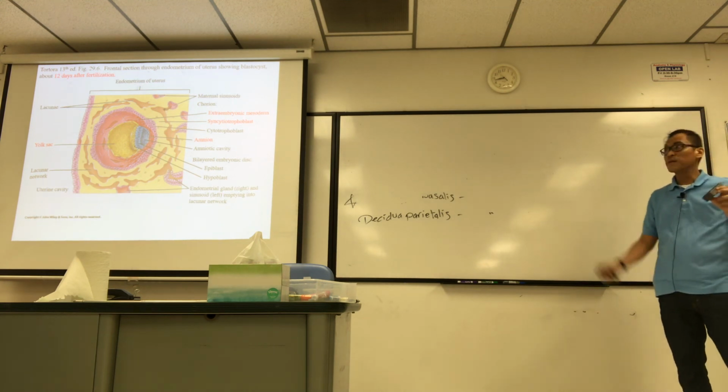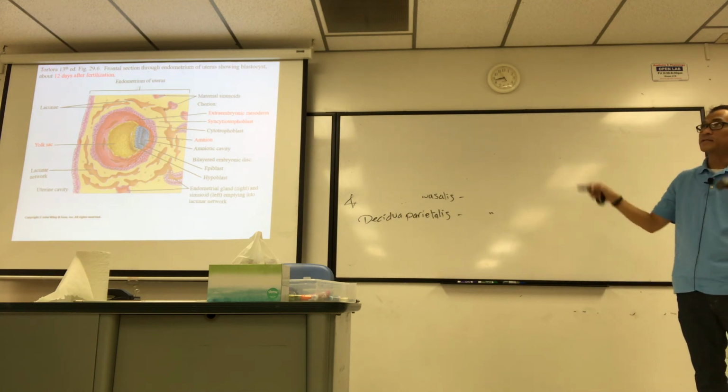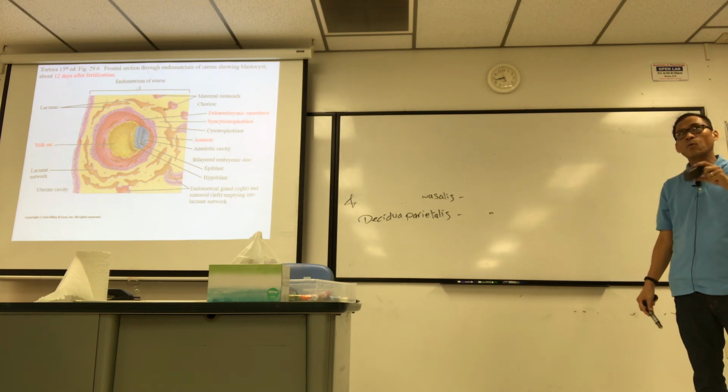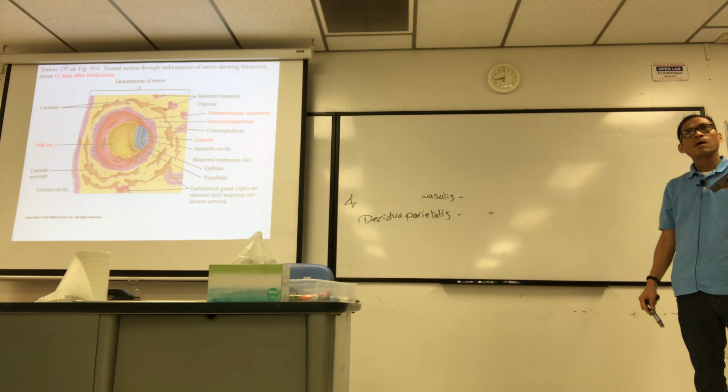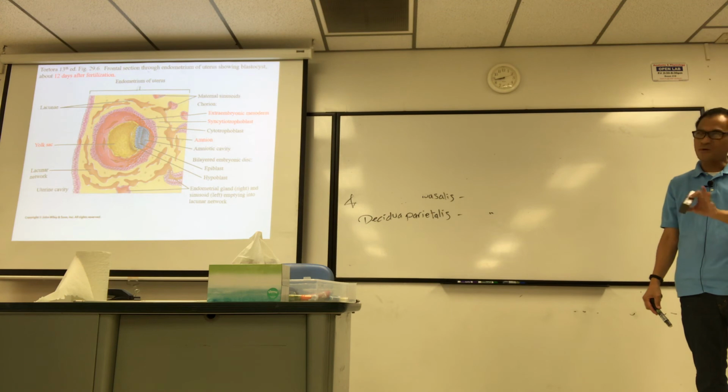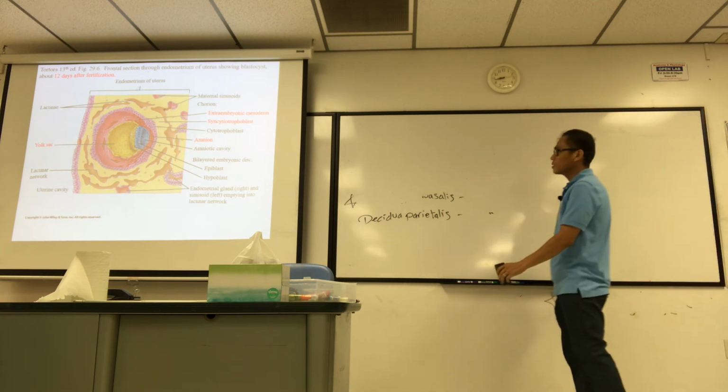Day 14. Now this is 12 days post-fertilization. So what day of the female cycle is that for her? 26. And when do you expect menses? 28. So we're getting to the point where the female may notice she missed something. We're not quite there yet.